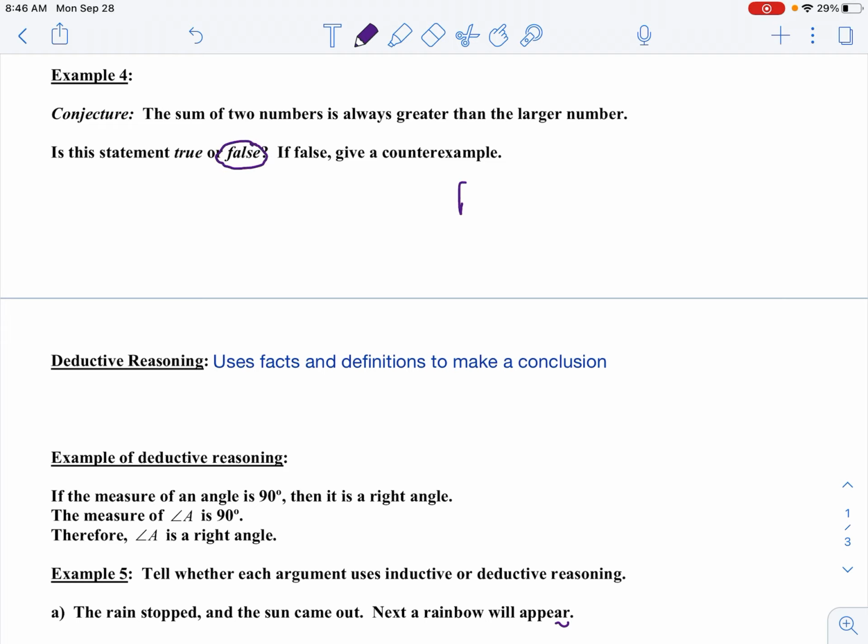So let's take a look at which two numbers could get us a counterexample. I'm going to say the number's 2, and instead of 4, I'm going to say -4. Because if I were to do 2 plus -4, that would be equal to -2. So my sum is -2, but it is not greater than the biggest number of the two numbers, which is 2.